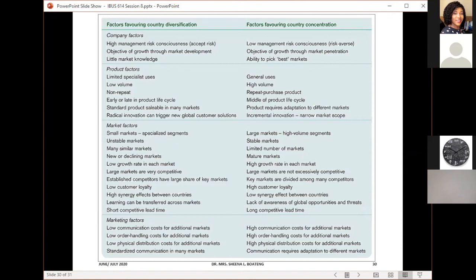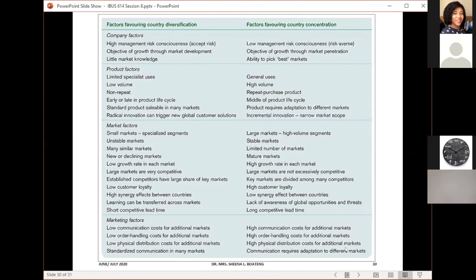So if your order handling costs are low, you can freely go ahead for a diversification approach, because then serving all the different customers in these different diversified markets, perhaps over various geographic regions, will not hurt your pocket so much.